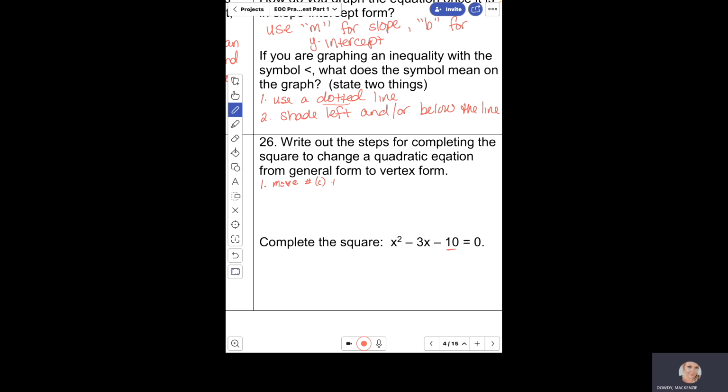Move that number to the other side of the equal sign.